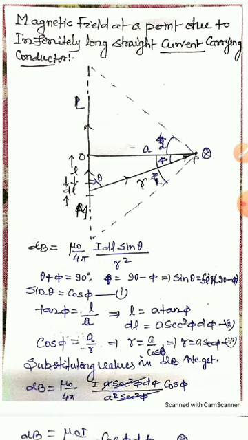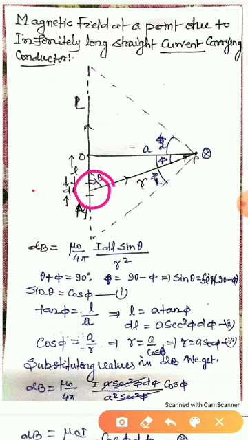In a similar fashion, we have to write the magnetic field at a point due to an elementary element. So this is the straight current carrying conductor, and we have considered an elementary element here. Its length is dl and it is at a distance L from the center of the straight conductor, and P is the point where we have to find out the magnetic field.